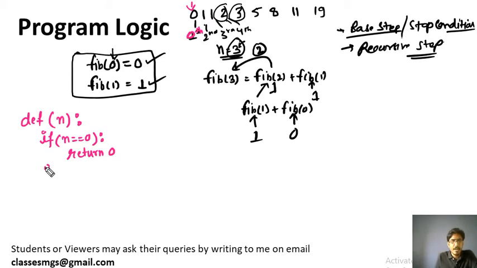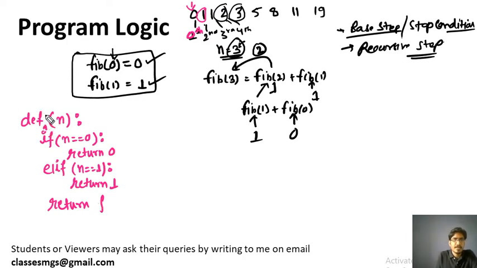Now else, or you can use elif for n equals to 1, then return 1, because the first term of the Fibonacci series is 1.